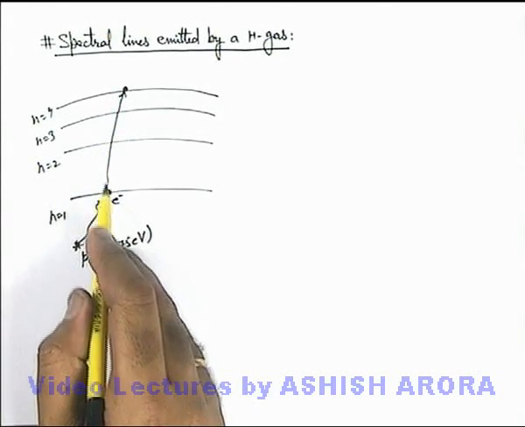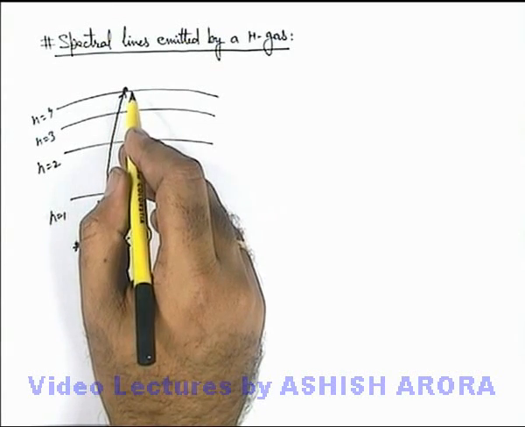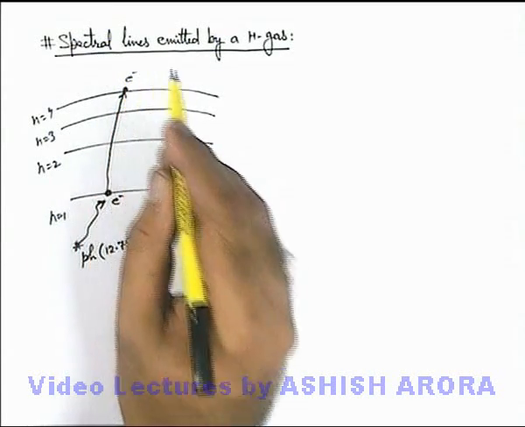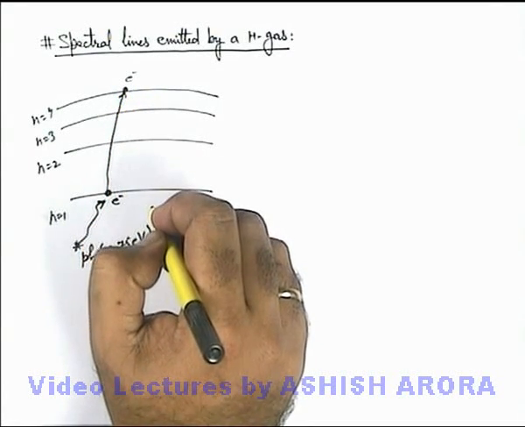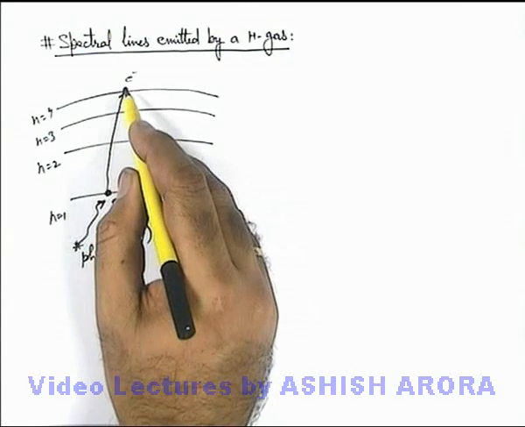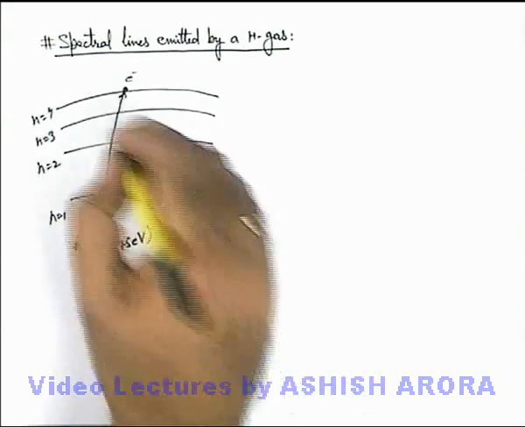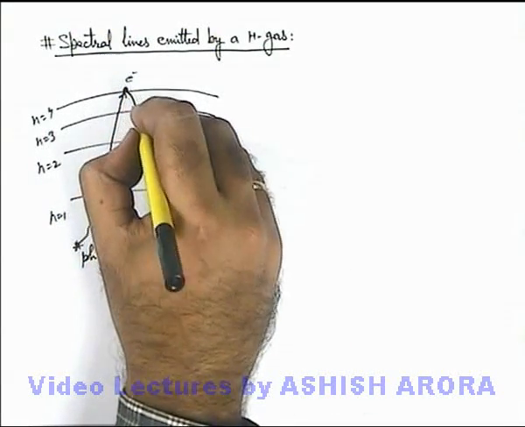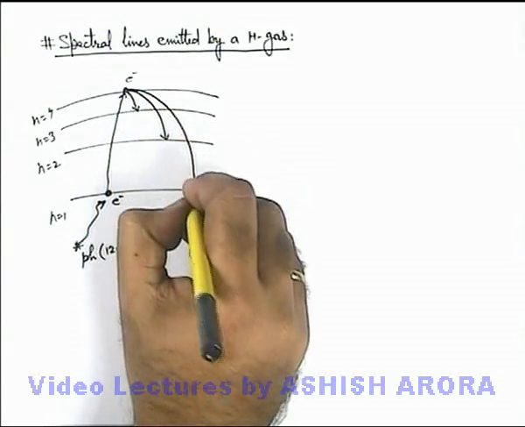After the lifetime of excitation, which is of the order of 10 to the power minus 8 seconds, this electron will have a tendency to drop back or de-excite to any of the lower states. As all these three states 1, 2 and 3 are more stable compared to n equals 4 because of lesser energy, it can make a transition either to n equals 3 or to n equals 2 or to n equals 1.